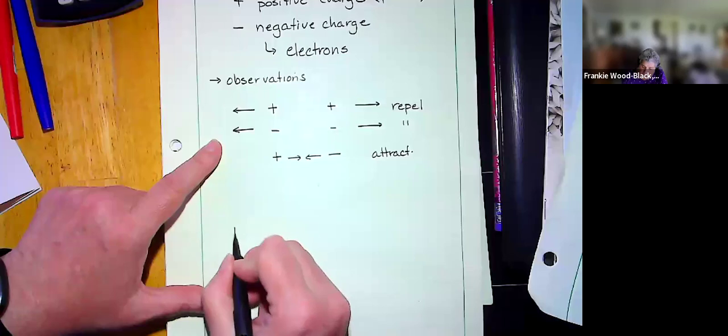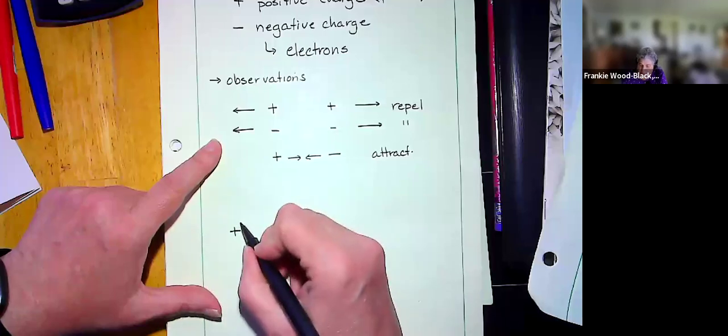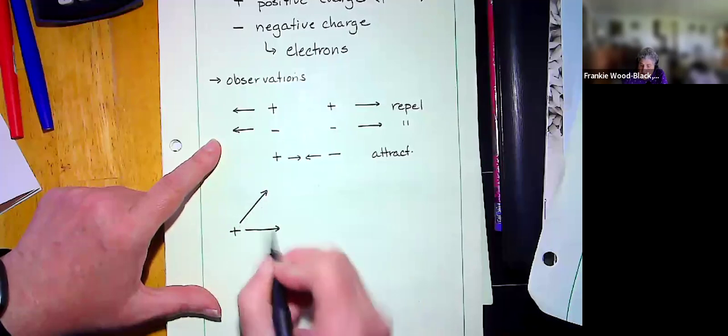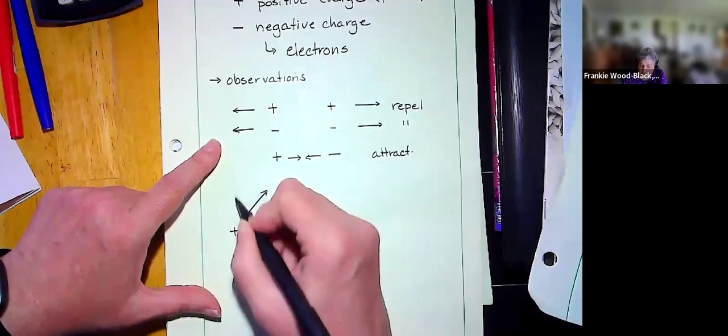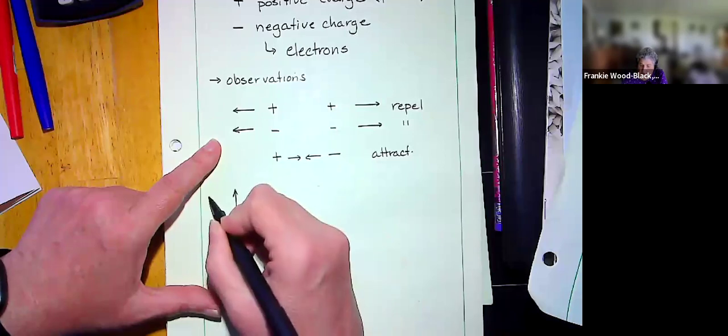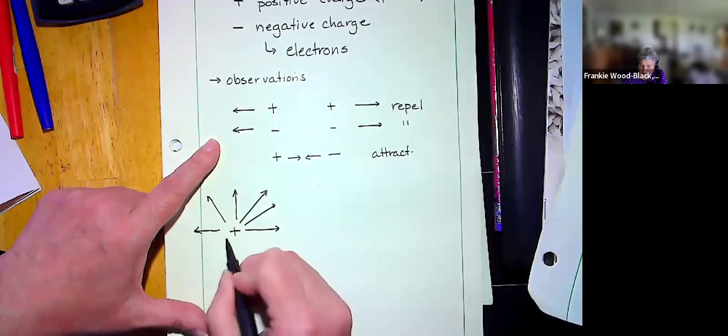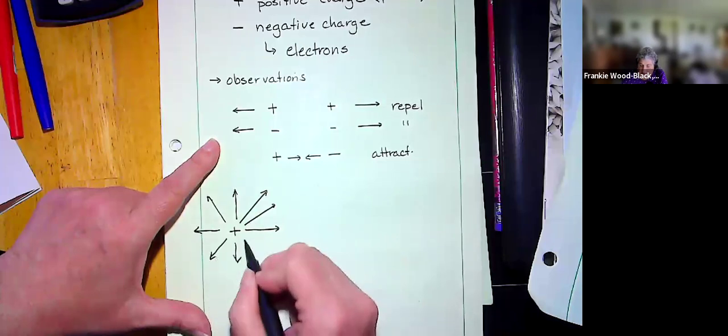So we start with our positive charge, and if I were to draw my field lines, I'm going to draw my arrows representing my field, and they're going to go away from the positive charge. And we can actually get that field.